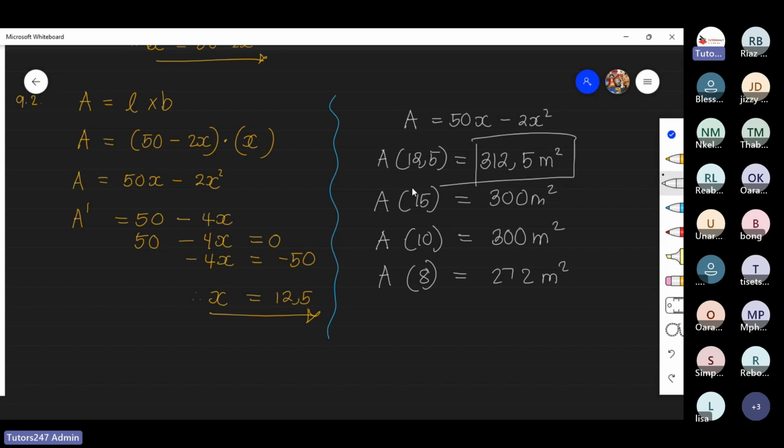It's not going to yield a greater area than the value of x that we calculated. So that is how we know our answer is correct. We've calculated the value of x that will produce the largest area, the maximum area. Okay, so that is question 9.2.